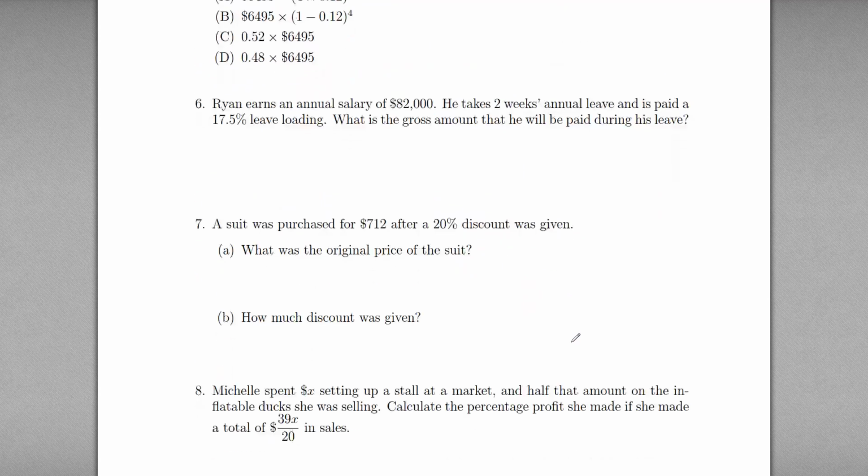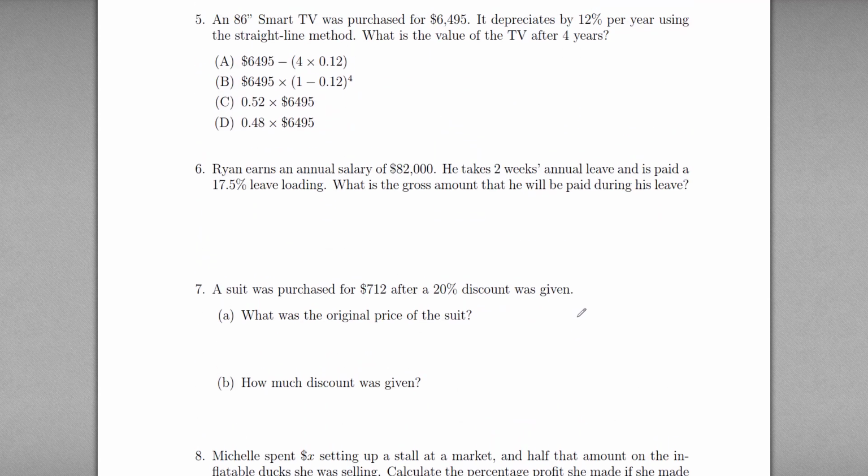Alright, number 5. This TV is purchased for 6495, depreciates by 12% per year using straight line method. So this is actually the same thing as the question we just did. It's just that instead of increasing by a flat percentage every year, we are decreasing, because that's what depreciation is.